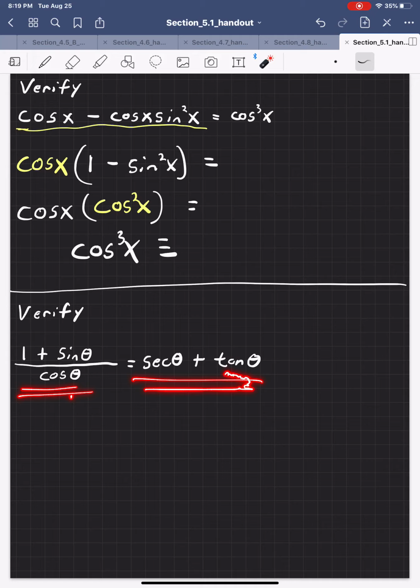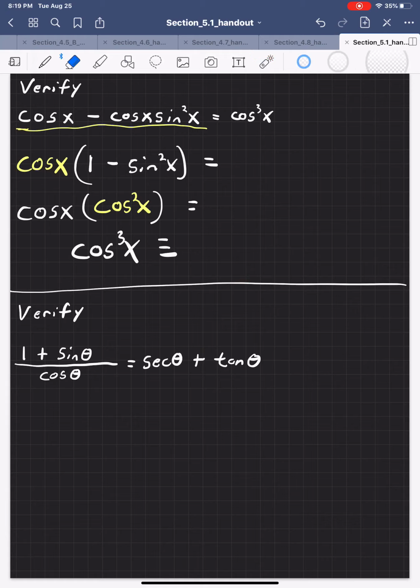I just don't know another way of making that statement except using that informal language. So in this case, you could choose the left side and make it look like the right side, or a student could choose the right side and try to make it look like the left side. Either way is fine. Let's go ahead and start with the left side.